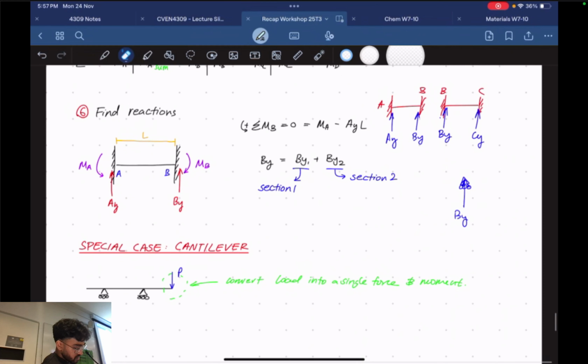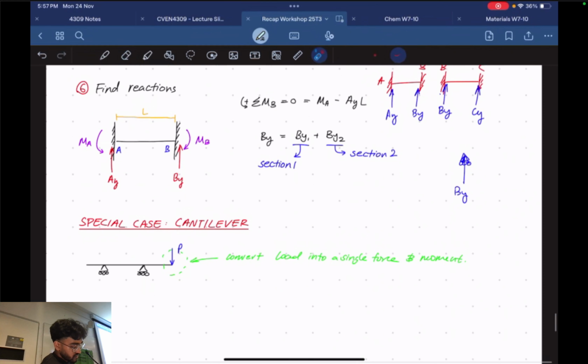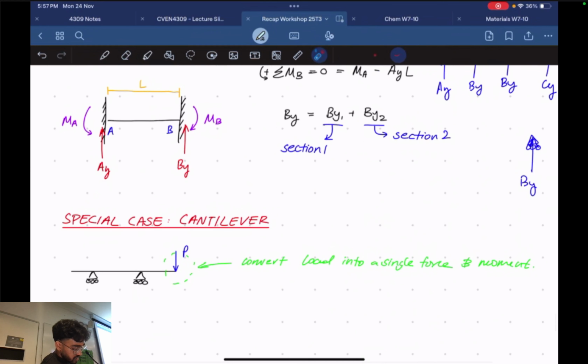And there's obviously a special case where you have a cantilever. So with a cantilever, what happens is you're going to have to convert this force into a moment and a singular force. If this distance is d over here, that means there would technically be a moment PD acting at that point.